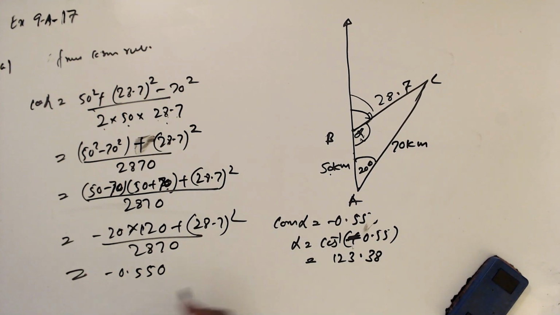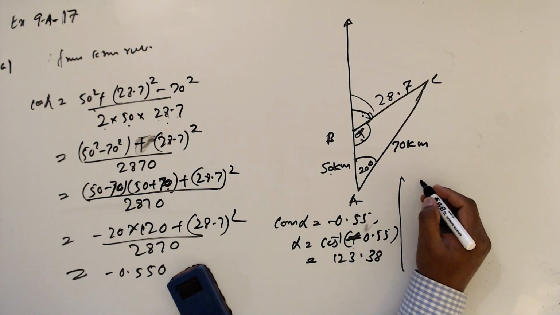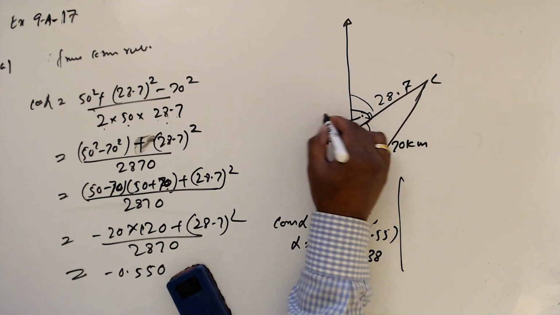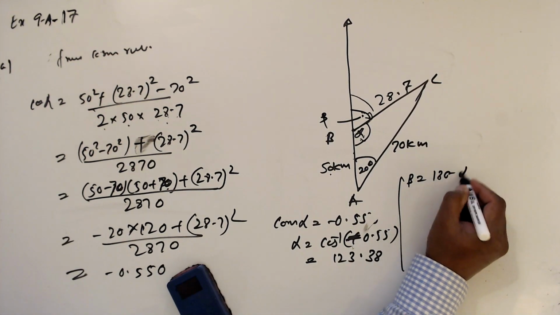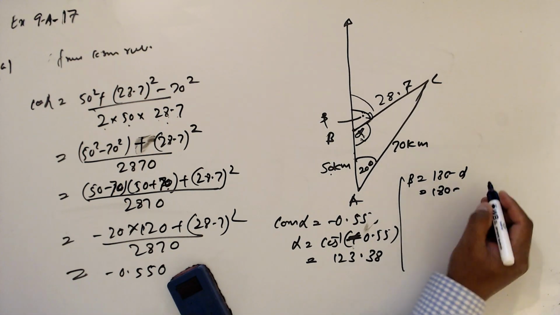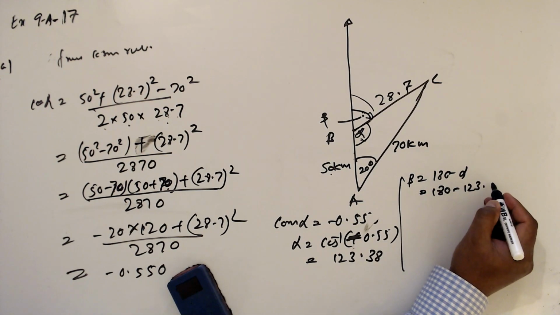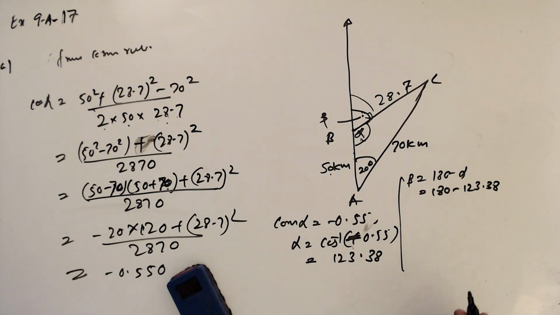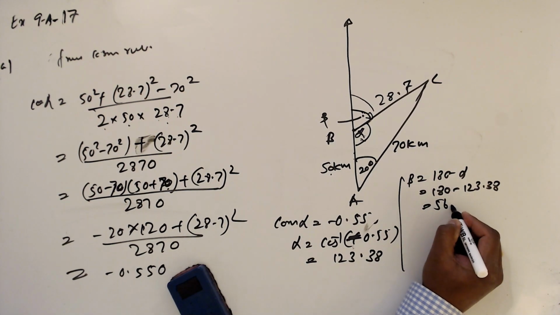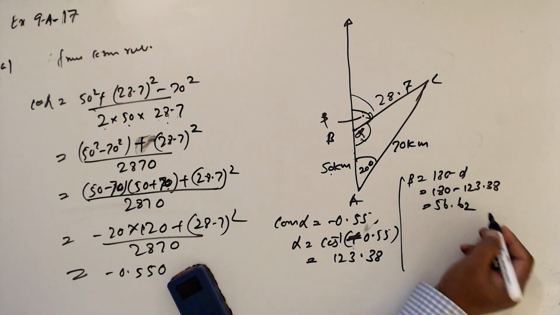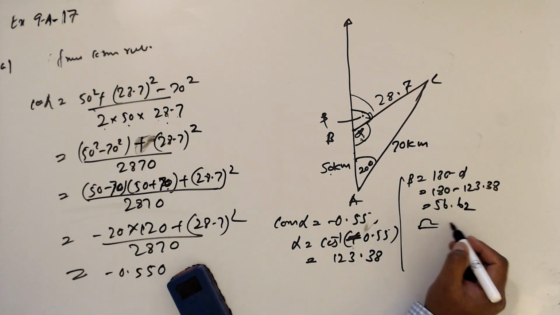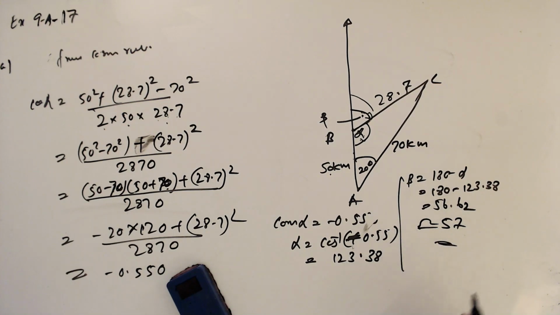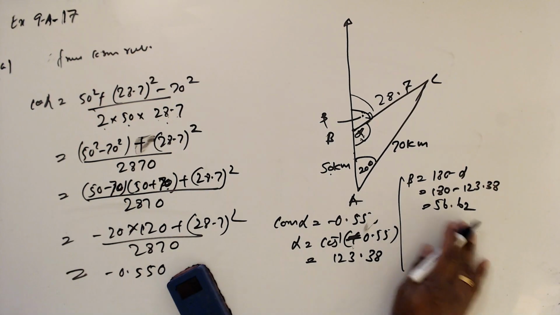Which is 123.38. And now I'll put this as beta equal 180 minus alpha, 180 minus 123.38, 56.62. So let's say approximately 57, or we'll stay with this one.